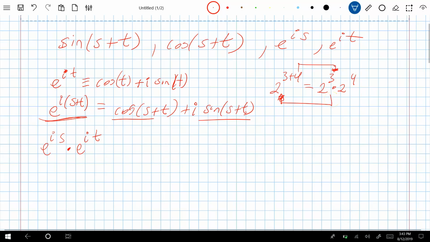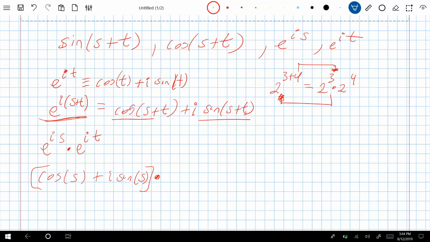So in our case, I have s plus t within the parentheses at this step right here. So I'm going to write e to the I s times e to the I t. Take a look. What does that give us? First of all, e to the I s I can now write in its complex number format essentially as cosine of s plus I sine of s, in brackets, and I'm going to multiply that by e to the I t in its complex number form.